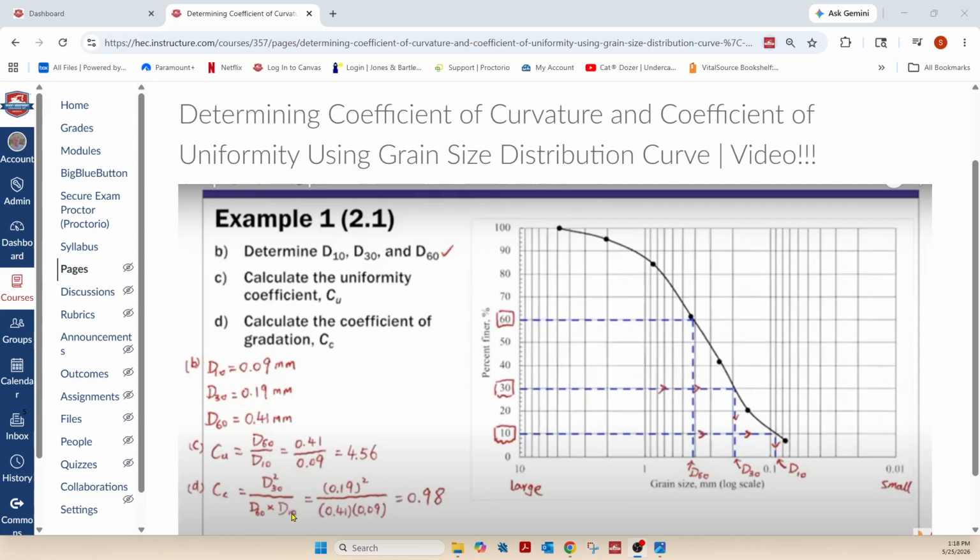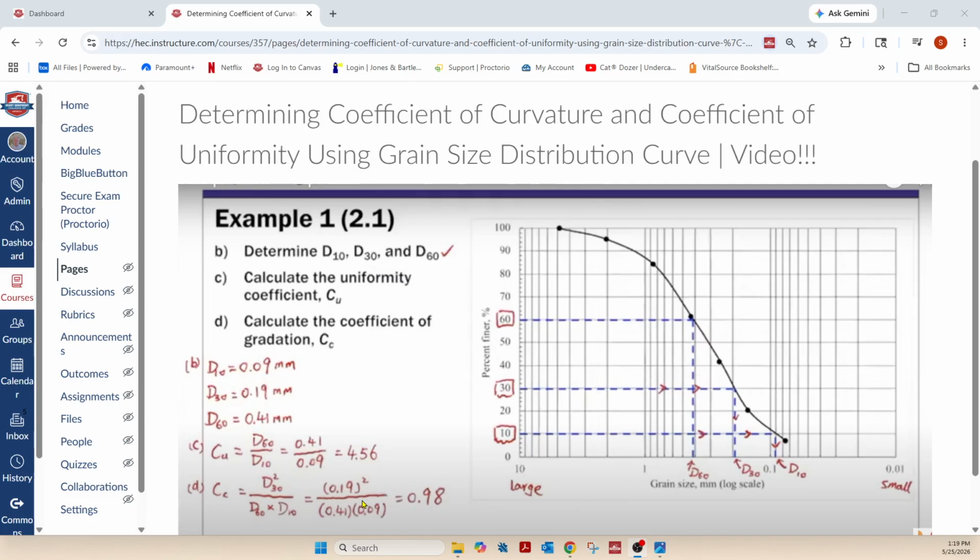It's hard to read. Those actual numbers come out to be 0.41 times 0.09, as we found D10 to be. Now you have 0.98. That is the coefficient of curvature. Uniformity is meaning all the same.